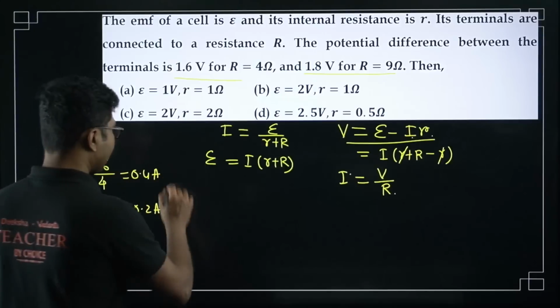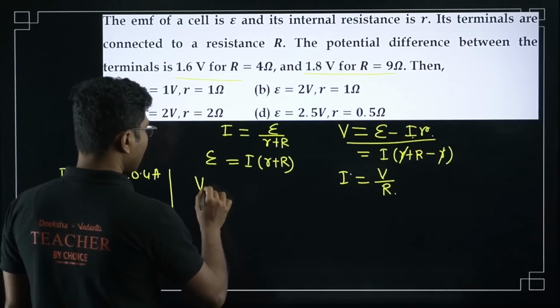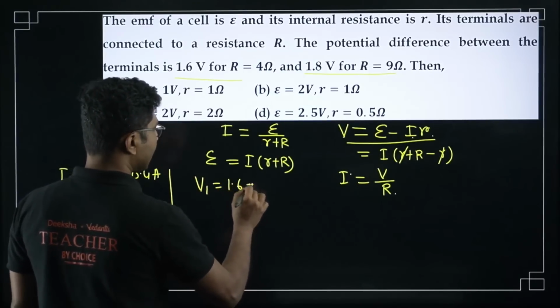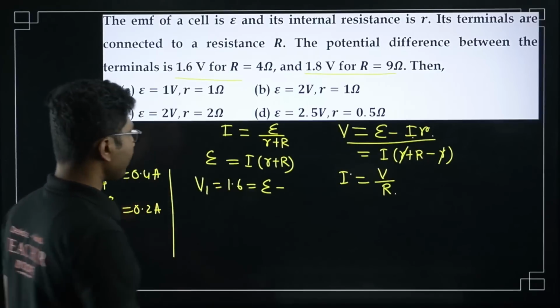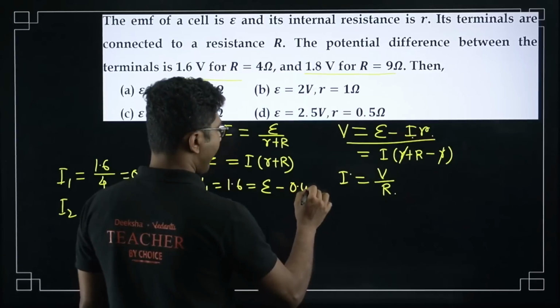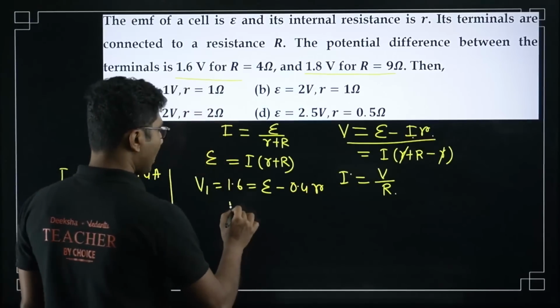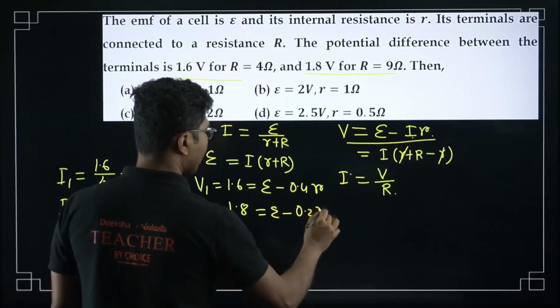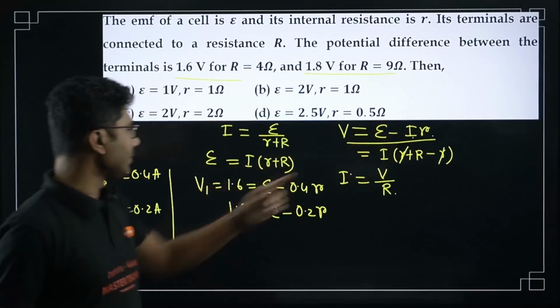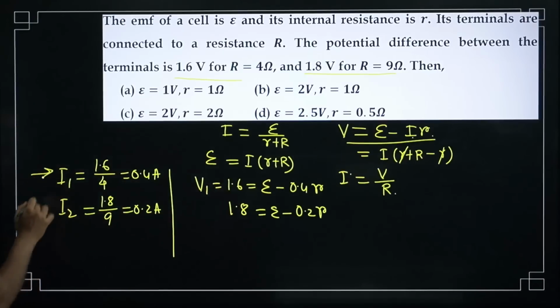So first we will calculate V1 equals to what? 1.6, and that equals epsilon minus I1, which is 0.4, into r, and 1.8 equals epsilon minus 0.2 into r. Okay, this formula we are using for two different currents.